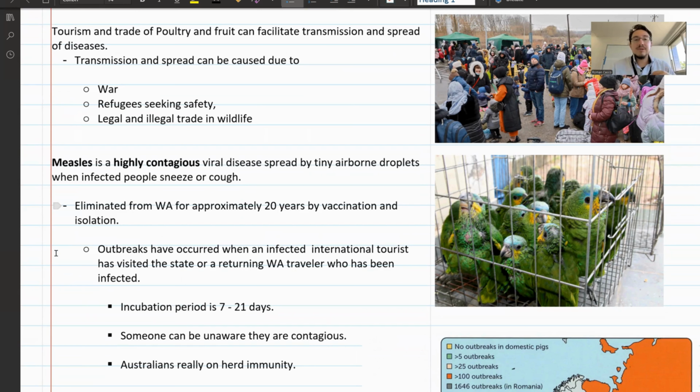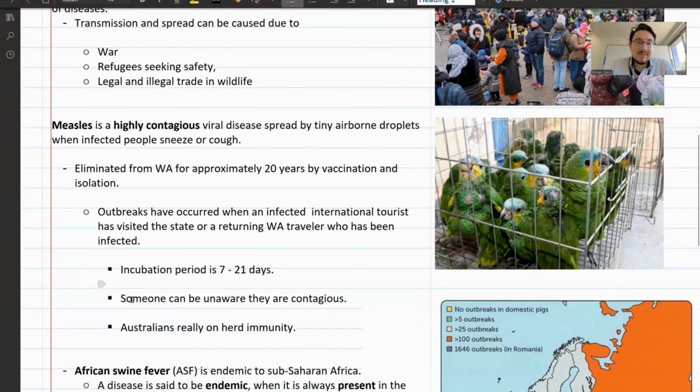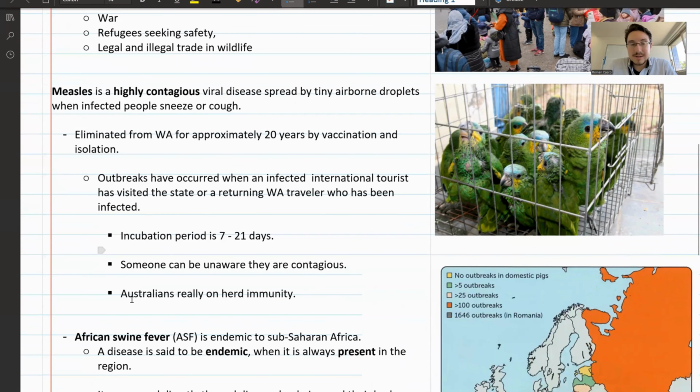But there are some individuals that do get infected and maybe they don't have a vaccination or immunity to it. So what happens is there's an outbreak where you have an international tourist visiting Western Australia, or a Western Australian traveler going somewhere else, getting infected and coming back, you basically have an infection already and that could spread.